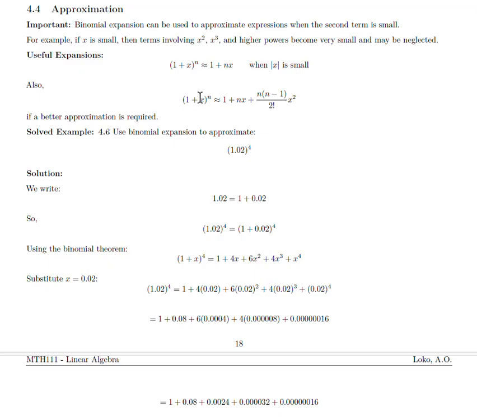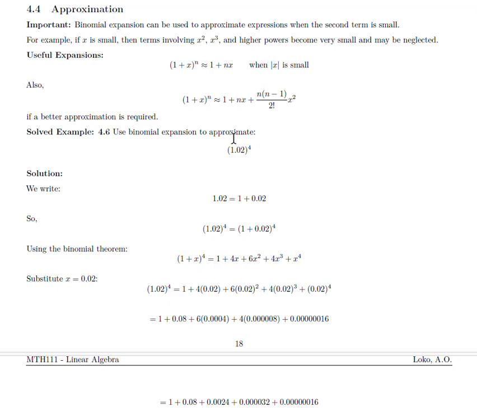Also, (1 plus x) raised to power n is approximately 1 plus nx plus n times (n minus 1) over 2 factorial times x squared, and so on, if a better approximation is required. Let's see examples to explain what we're saying better.